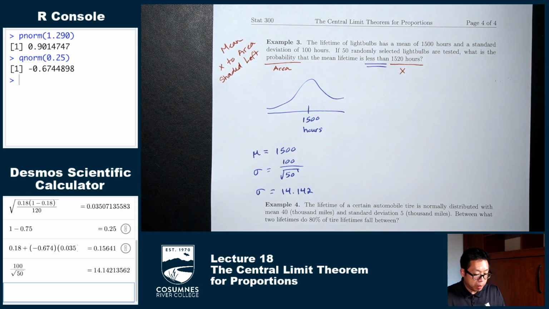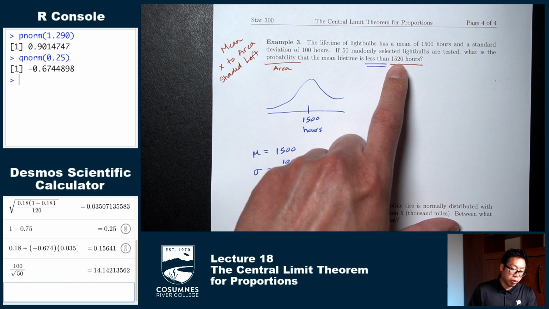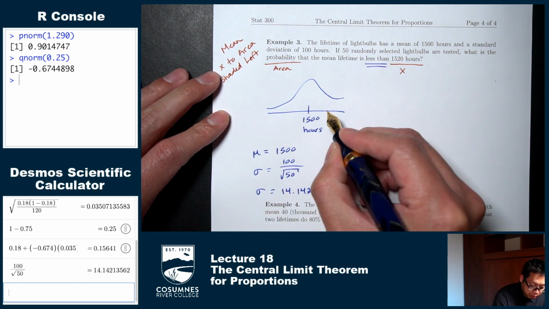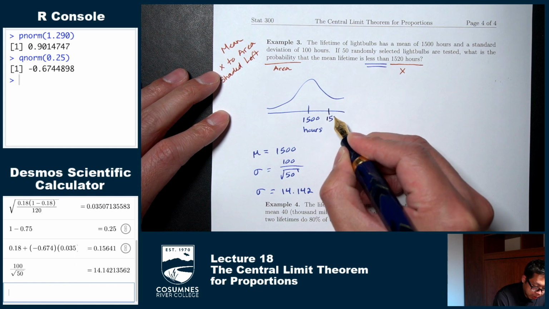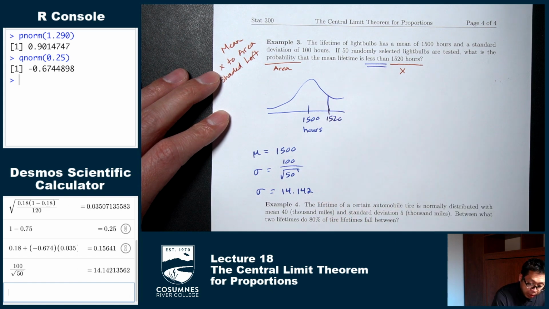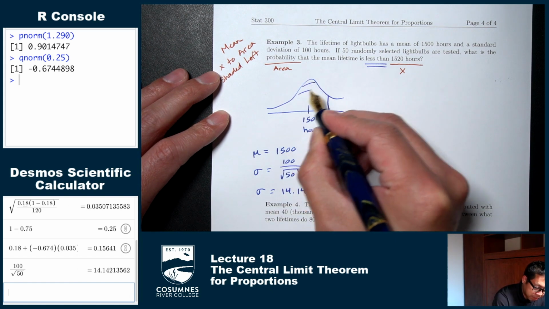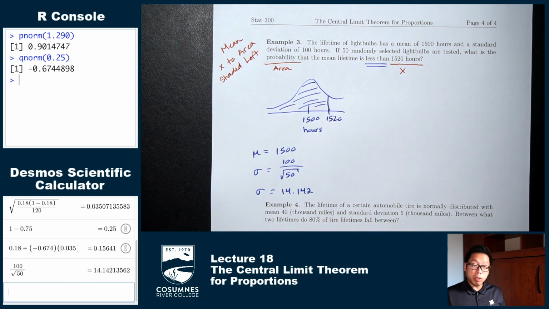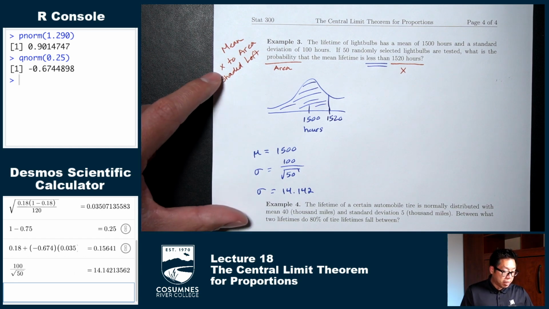And let me draw the rest of the picture with the shaded left. 1,520, we said that that was an x. That goes over here on the right side. And then we said we're shading left. All right, so now we're set up. This is an x to area shaded left.